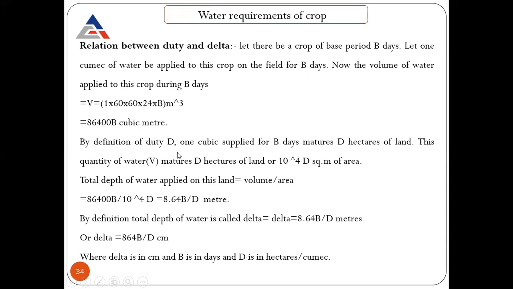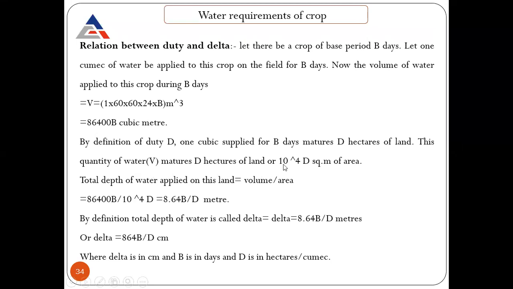If you see the definition, duty is 1 cubic supplied for B days matures D hectares of land. By the definition we assume that if there is a 1 cubic supply of water for B days, how much crop it matures in hectares, D hectares. This quantity of water B matures D hectares of land.